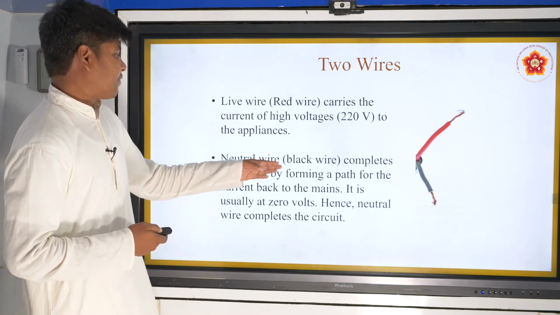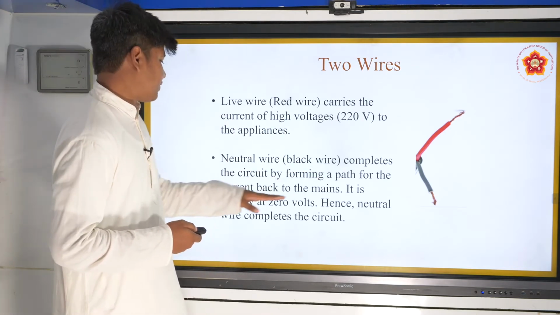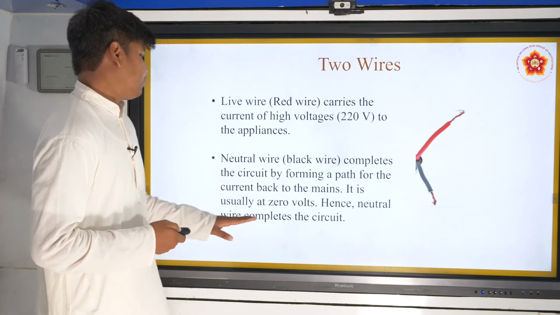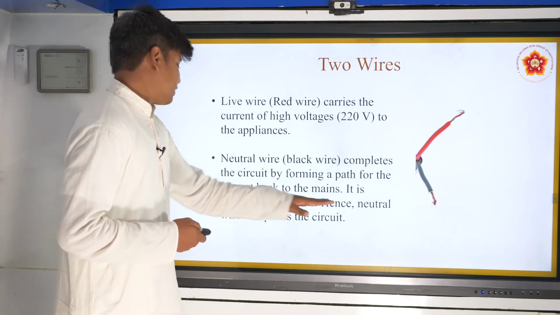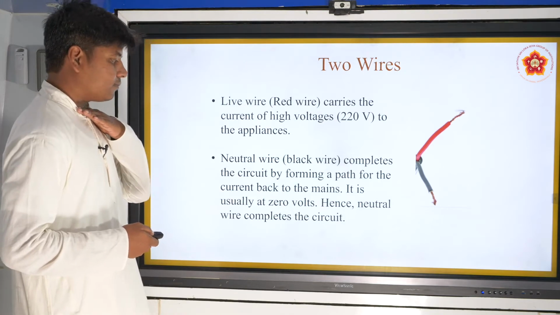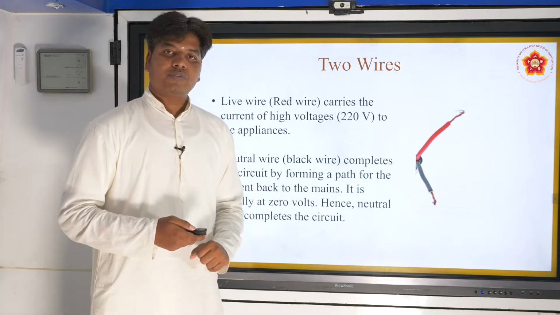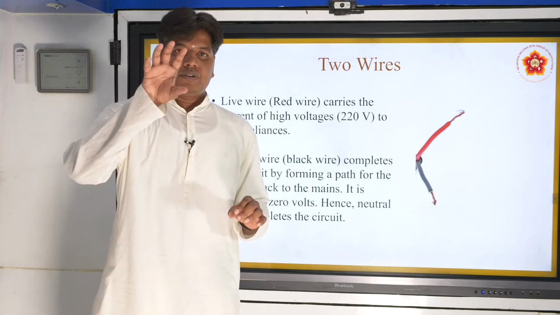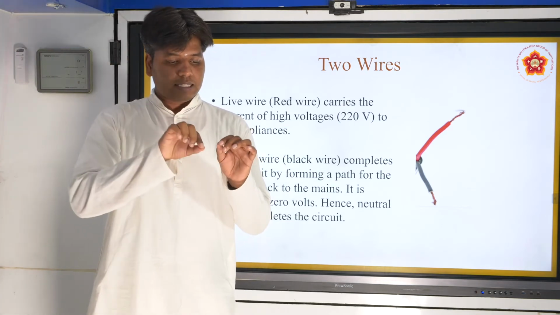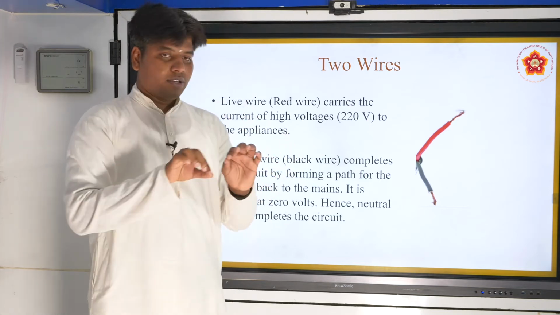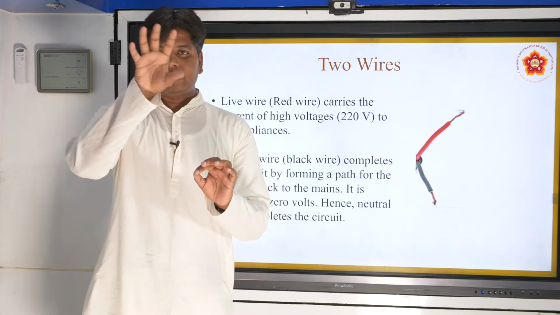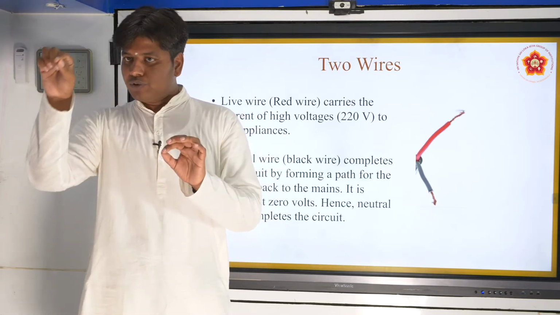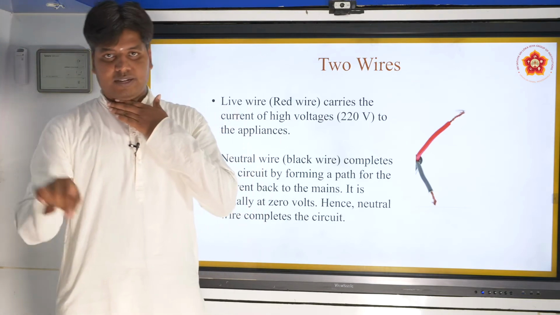So the neutral wire, the black wire, completes the circuit by forming the path for the current back to the mains. It is usually at 0 volts, hence the neutral wire completes the circuit. That means if you have an appliance, the live wire goes into that appliance, this is our house, and comes back to the mains through the black wire.